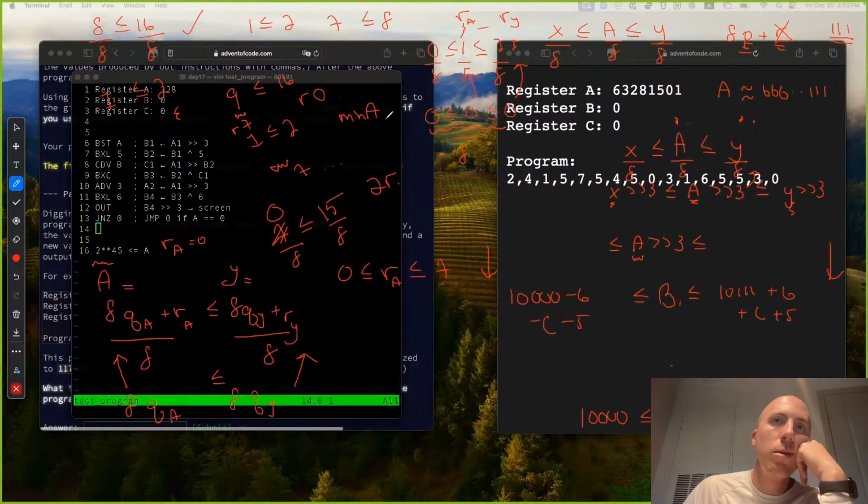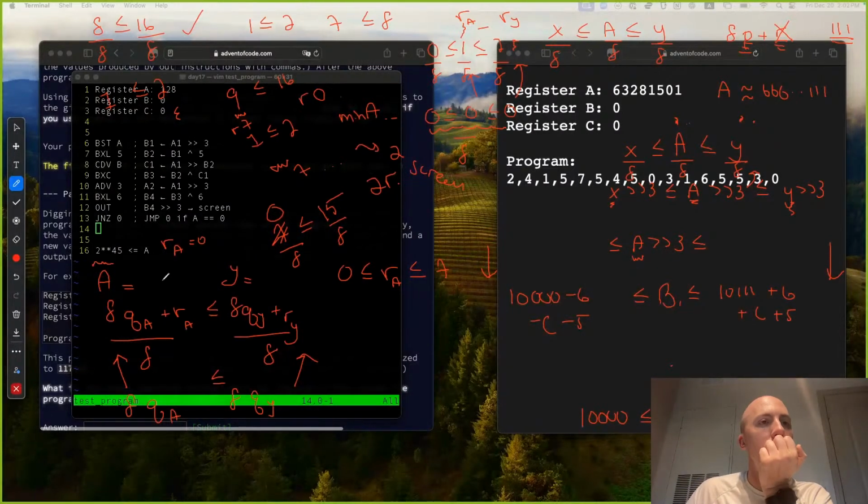We do want the minimum A so that you'll output a B, so you'll output a 2 to the screen. So I guess the minimum A would be when the remainder is 0.